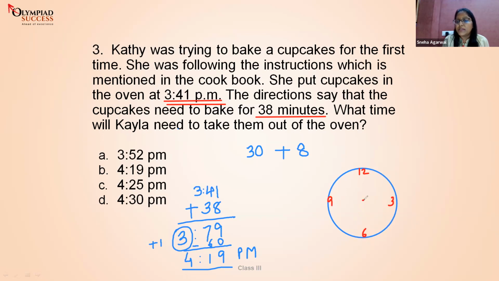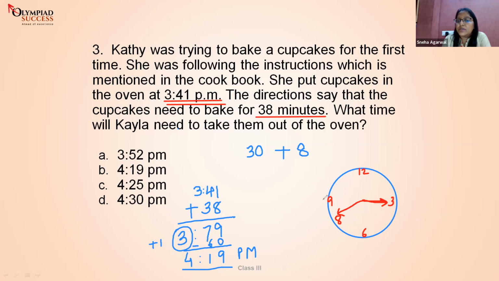So now if you are saying 3:41, there will be the smaller hand, the hour hand, and the minute hand. So the hour hand will be in between 3 and 4. Okay, and for 41, 8 means 40, right? And if you go a little bit up from this, you will have the minute hand over here, right? 3:41. Now they are telling you 38 minutes.